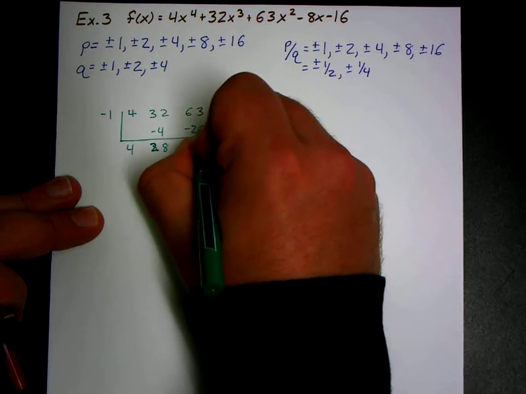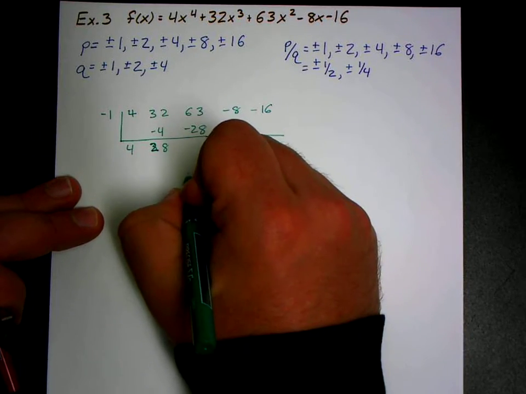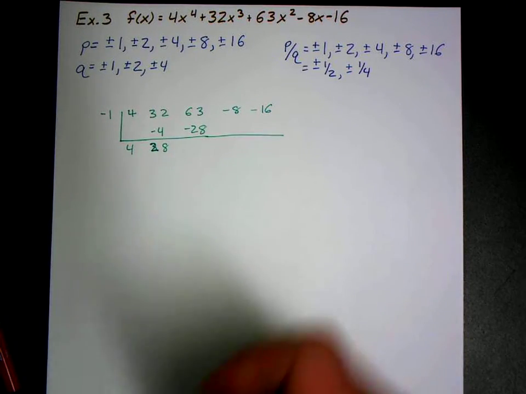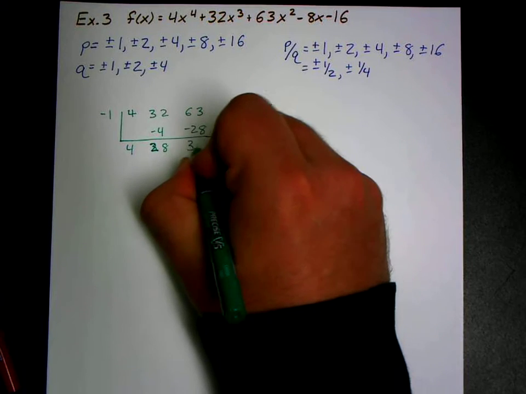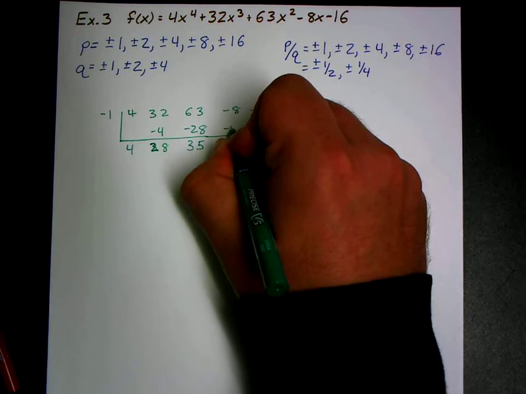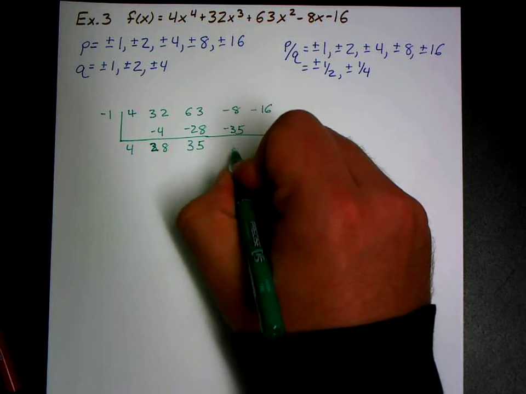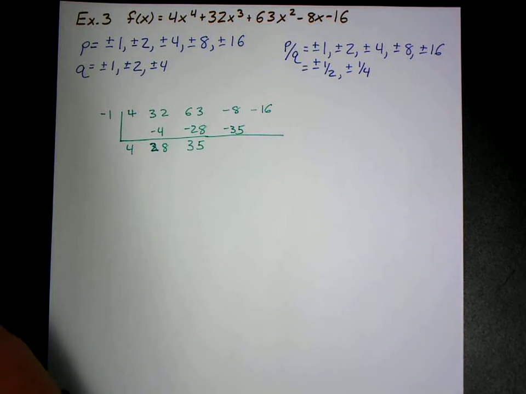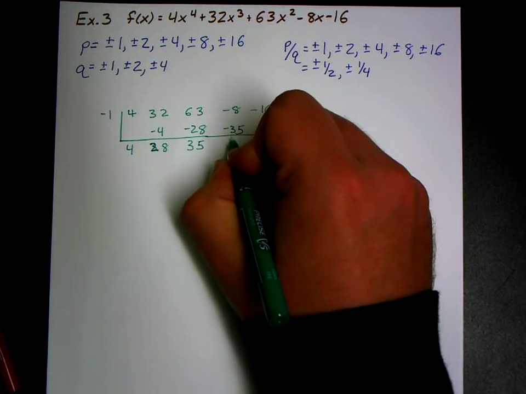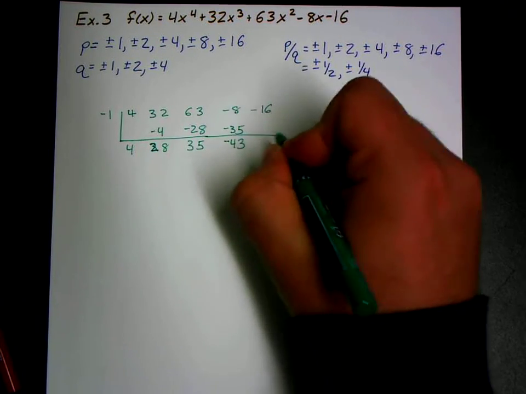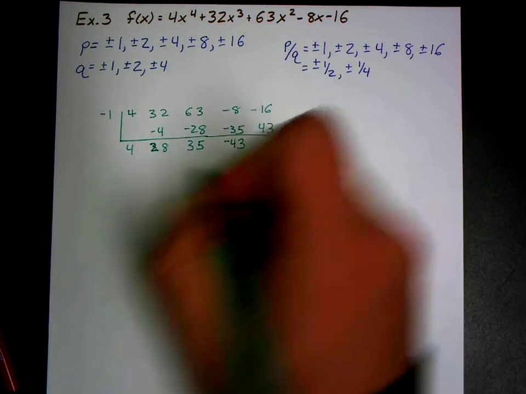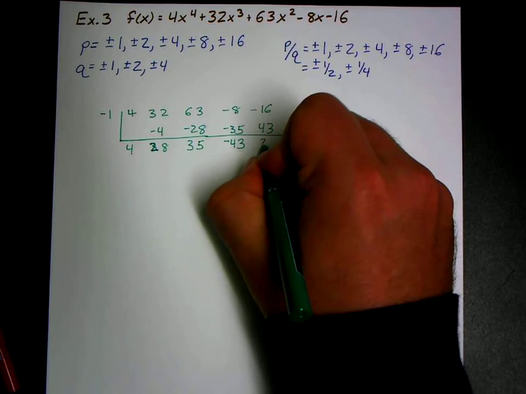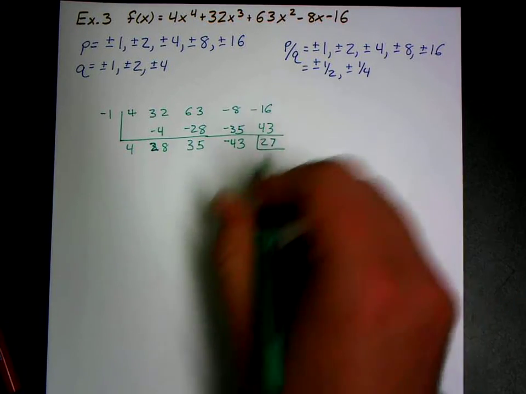So -28. 40, I need a calculator. My brain's not working. 35? That is a really big number. Not really big, but bigger than what I want to do. 43. So, I didn't get 0, doesn't work.